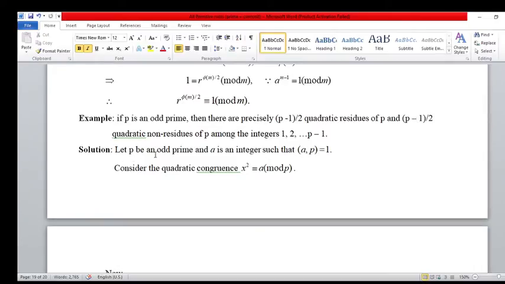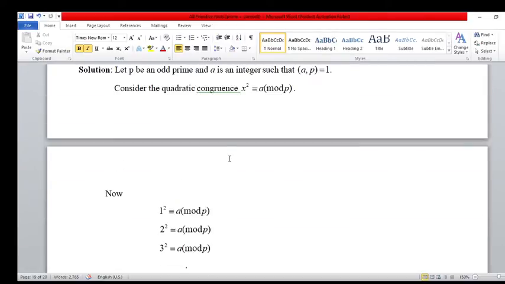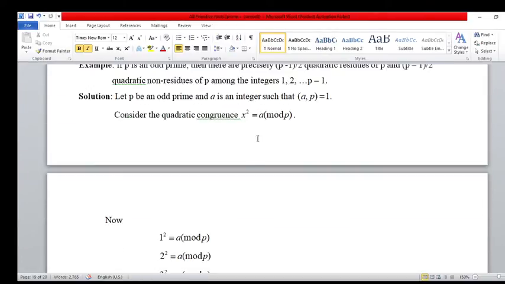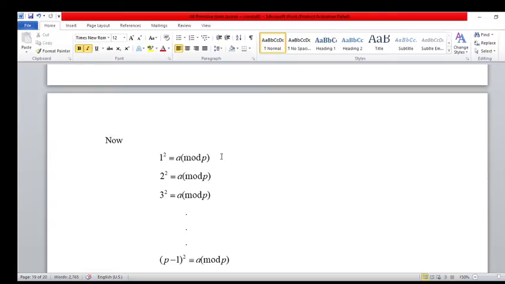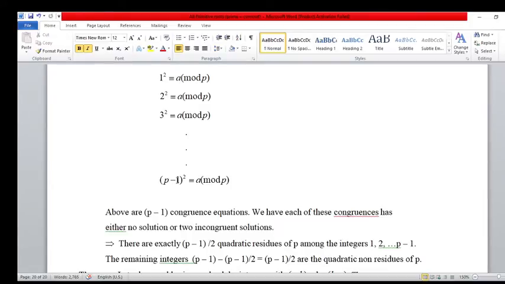So let p be an odd prime and a an integer such that a and p are relatively prime. Consider the quadratic congruence x square congruent a mod p, which is already given. Now arrange 1, 2, 3, 4, 5 up to p minus 1 in this form: 1 square congruent a mod p, 2 square congruent a mod p, 3 square congruent a mod p, up to p minus 1 square congruent a mod p.